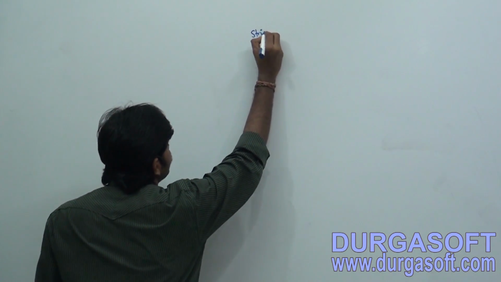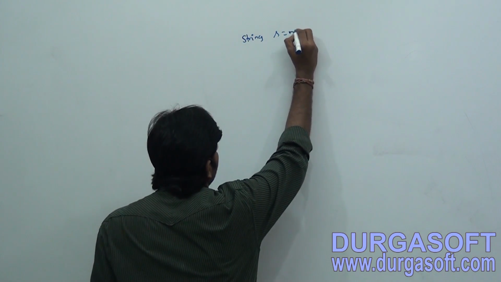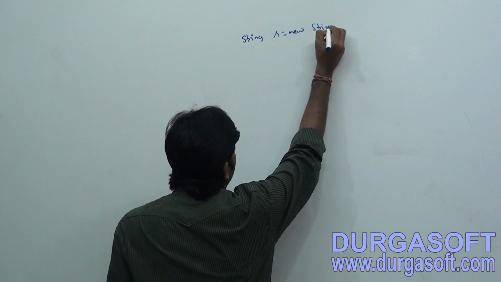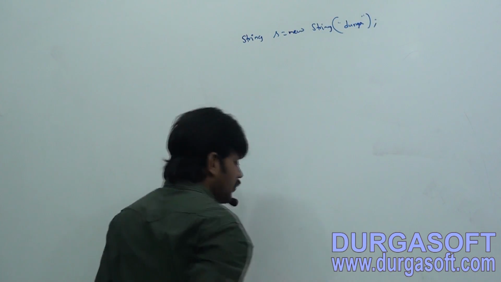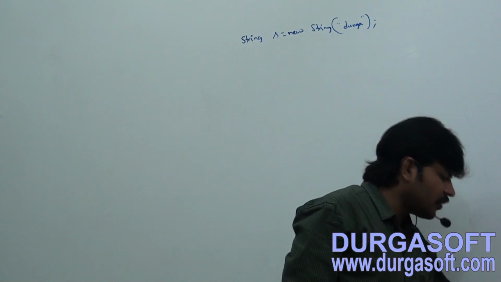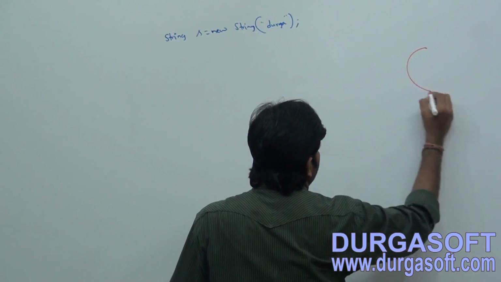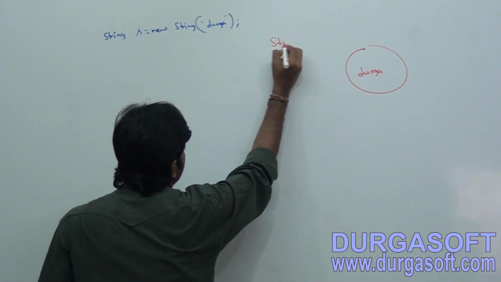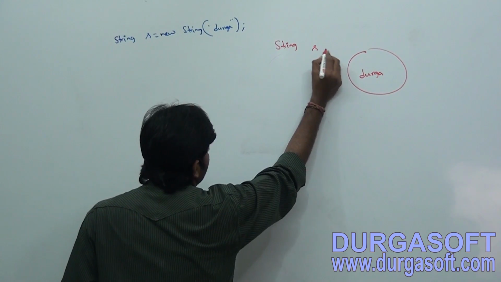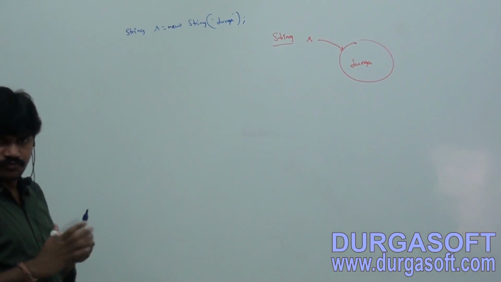I have one string object: String s = new String("Durga"). Durga is the content, and s is the reference variable, which is of string type.